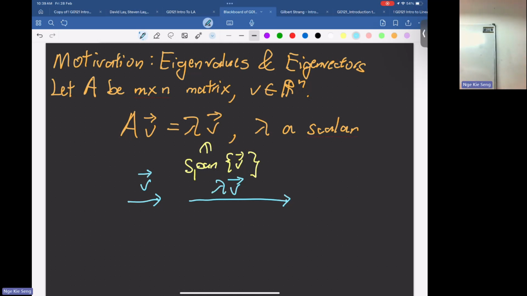This is the content about eigenvalues and eigenvectors. We will call lambda an eigenvalue and v an eigenvector. Meaning if you input an eigenvector into your A, it will output a scalar multiple of your vector.